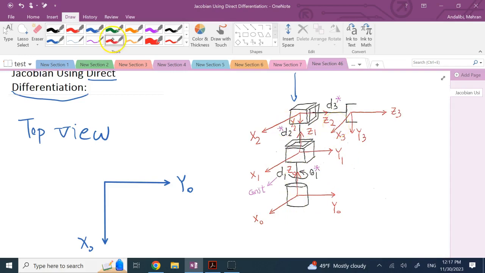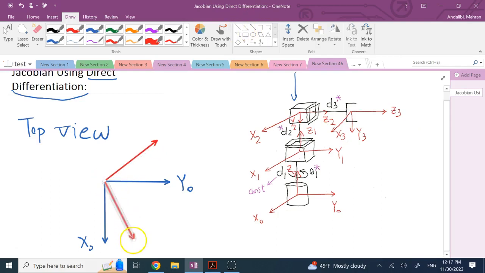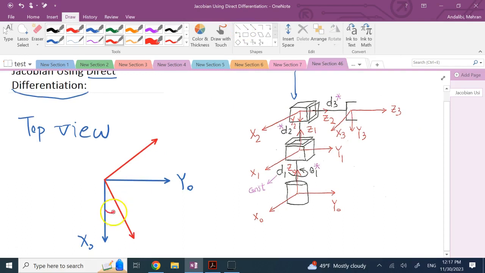So if I want to show you frame 3, which is my goal, frame 3 is going to be like this. So this is basically the z-axis of it, and then the x-axis of it will be something like this, where this angle here is theta 1.